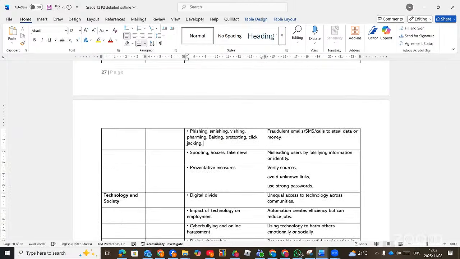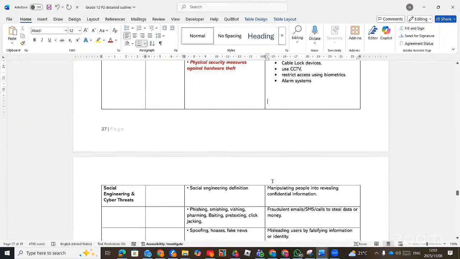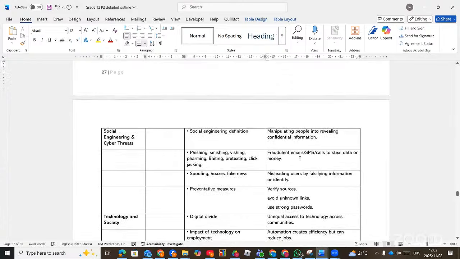Right. So there are a lot of them that you have to know. Now, it could be emails, SMS, calls. So the fake email is called phishing, to deceive someone. Fake SMS is smishing. Fake video calls or voice calls are called vishing.